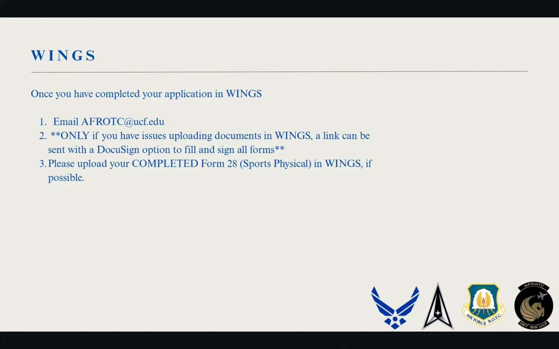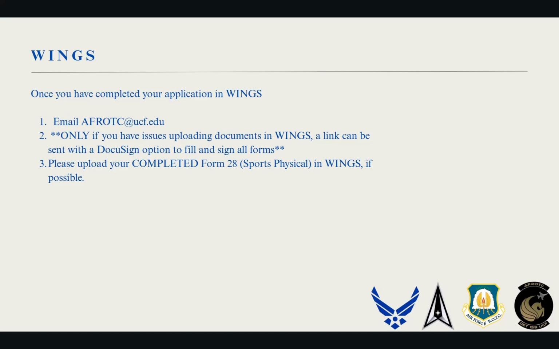At this point in your journey, most people that are coming to college are about 18, 19, 20. We are grown, because I'm also in that age bracket. You are an adult and you're responsible for yourself and you're responsible for paperwork. So in Wings, it asks you to download different documents. What you need to do is fill them out, sign them, and once you've done all that, re-upload them into Wings.